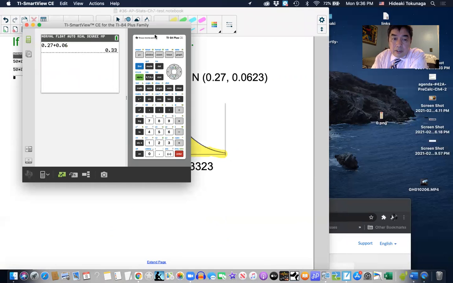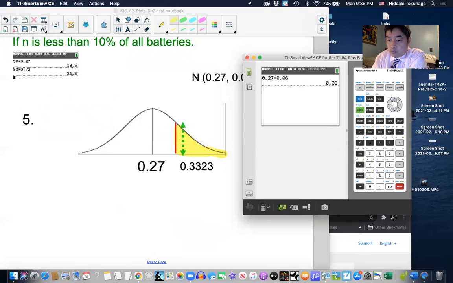So let's see, normal CDF, clean up. Second, normal CDF. Cutoff line was 0.32.